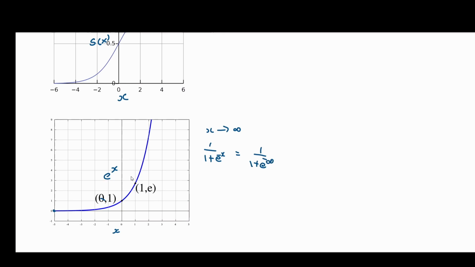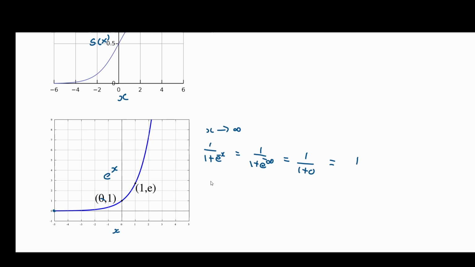So e power minus infinity is going to be 0. So this will be equal to 1 divided by 1 plus 0, equal to 1. So when the x value becomes huge, a very large positive number, the sigmoid squishes it and maps it to a value of 1.